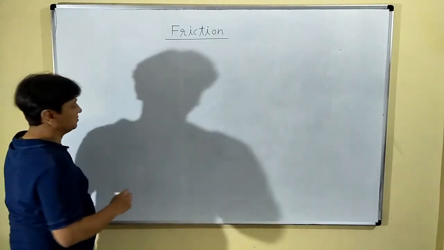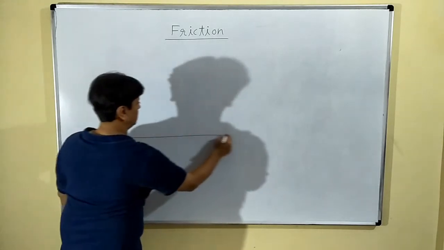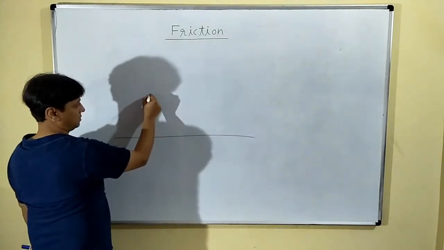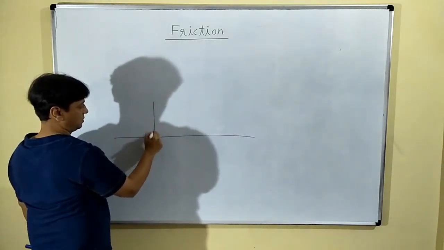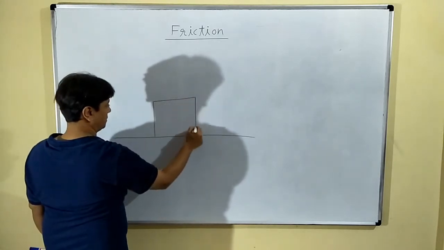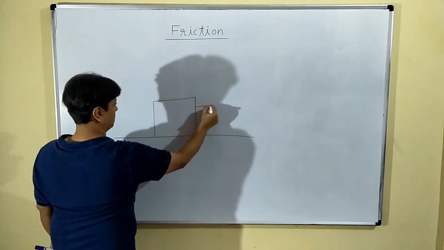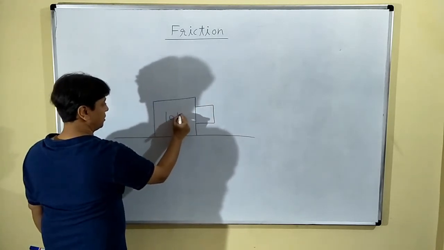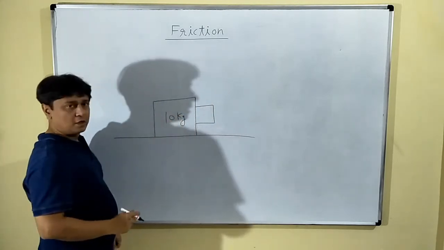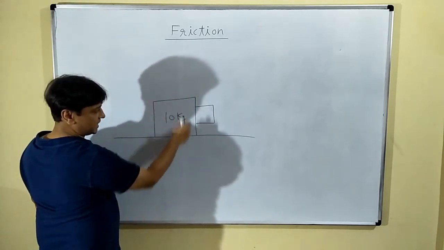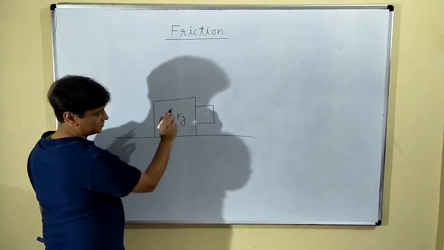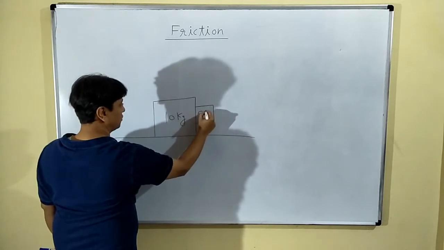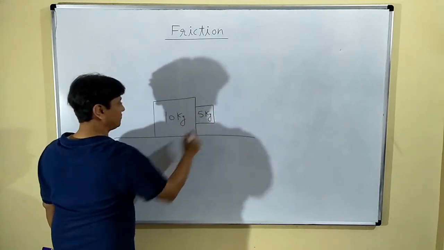Now look at this example. We have a 10 kg block and on its side vertical face, we have a 5 kg block.